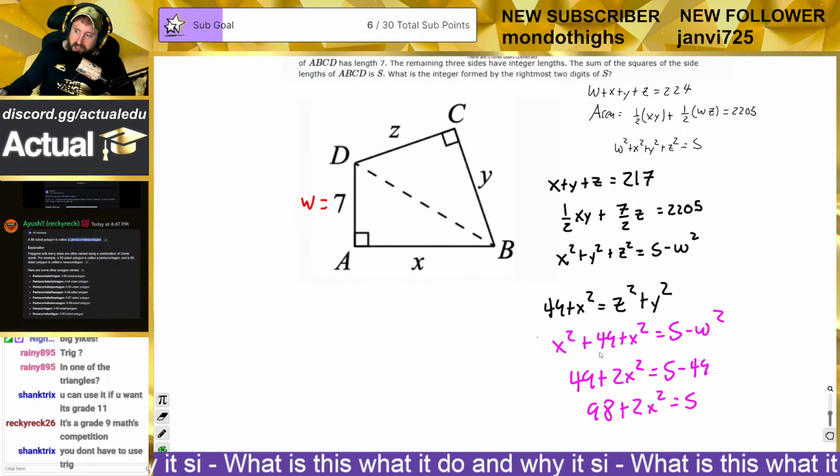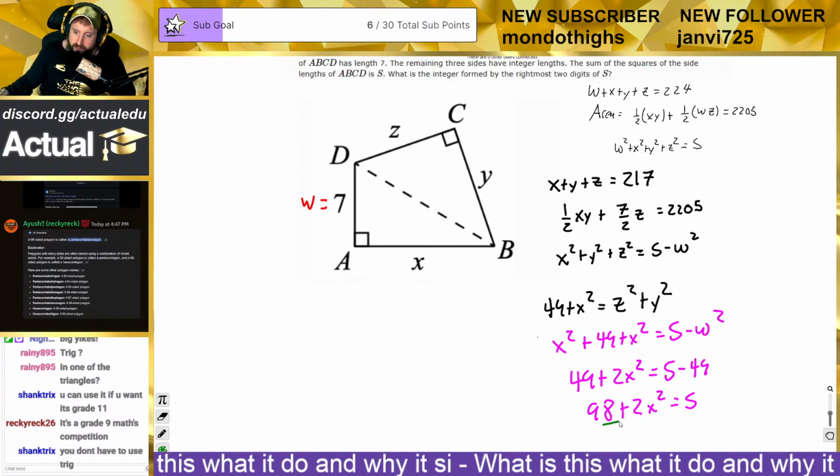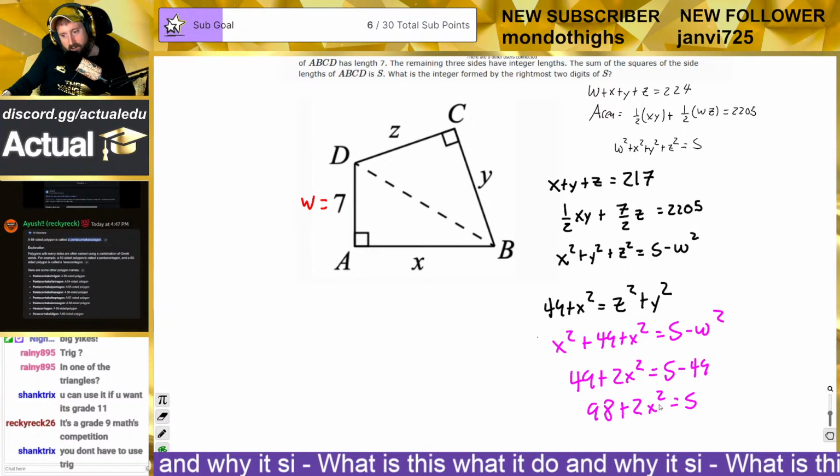It's interesting. It does tell me that S has to be even at least. Because this will be even, this is even. Even plus even is an even.